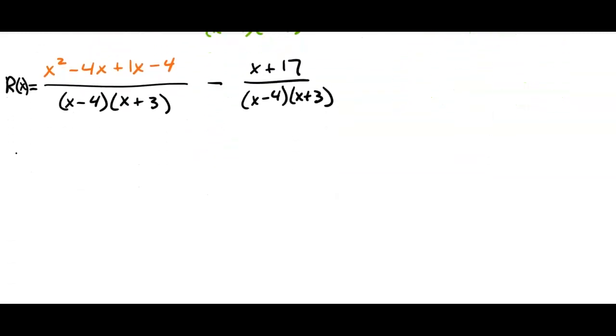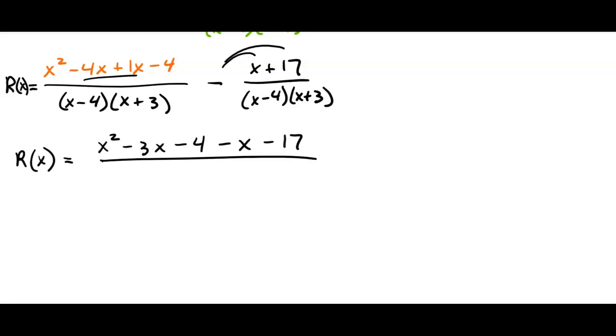Okay, so r of x equals, it's a new function, equals x squared, we could combine those, minus 3x minus 4. Now, this is subtracting, so I've got to distribute. So it's going to be minus x minus 17 all over x minus 4 times x plus 3.